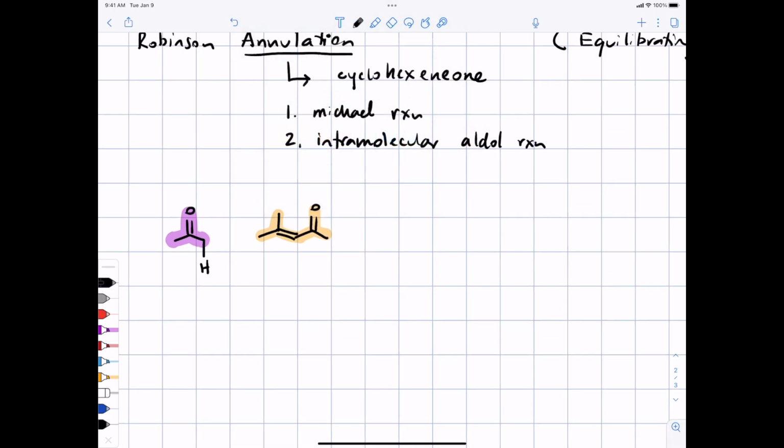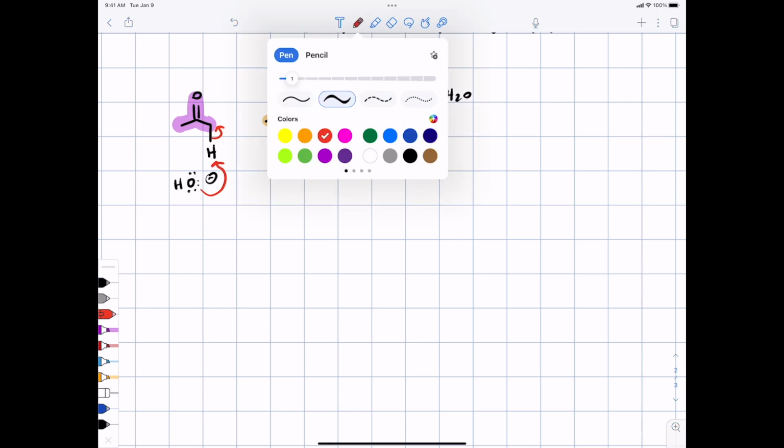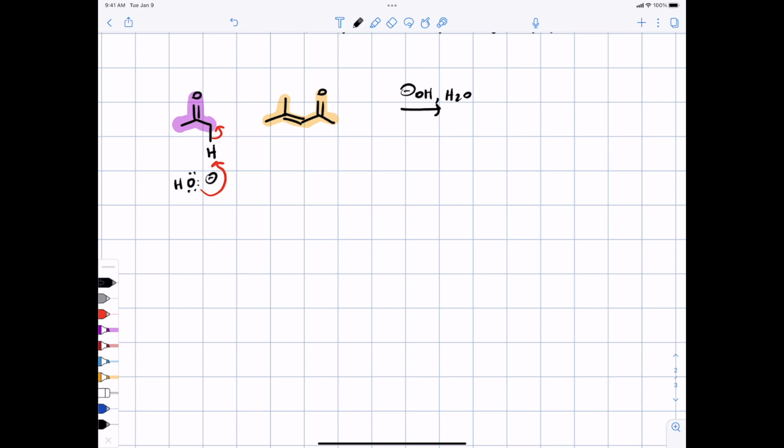You're going to use basic conditions, either OH minus or perhaps some organic soluble base like ethoxide. And we're first going to remove the proton from the ketone, the smaller ketone, to give us an enolate.